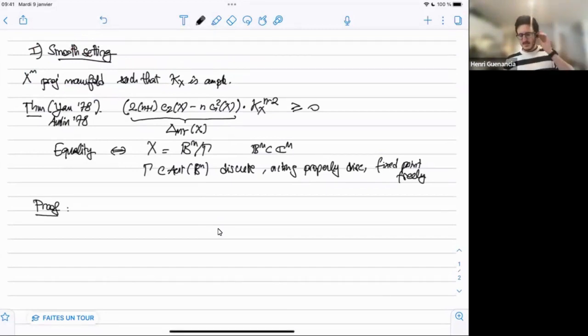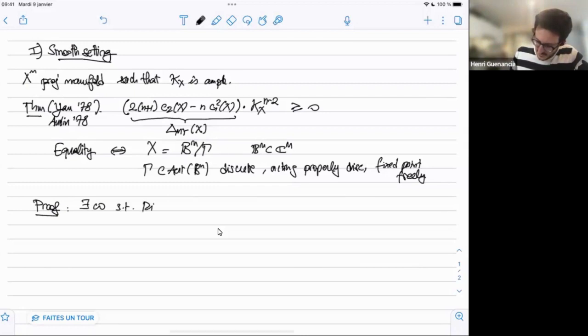So as I said, one of the key points of this proof is the existence of a Kähler-Einstein metric by Aubin and Yau around the same years, so 74, 78. So there exists a Kähler metric omega with Ricci curvature -1.